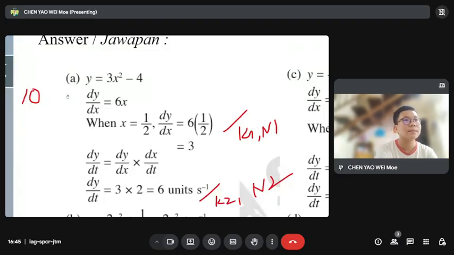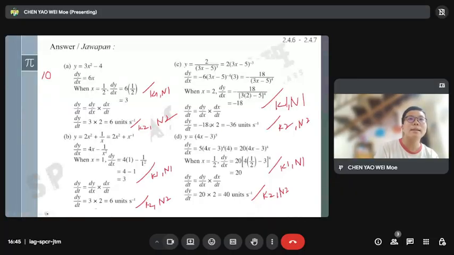Now for dy over dt, I expand it, because dx here to here is the same, so I make this one dx. So dy over dt is 3 times 2 equals 6, because I got a number here, and dx over dt I already know from before. That is how rate of change works.